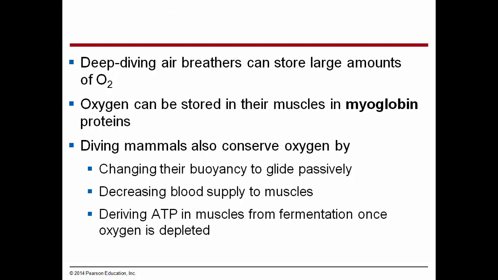Deep-diving air breathers can store large amounts of oxygen, particularly in their tissues. Oxygen can be stored in their muscles in myoglobin proteins, and diving animals also conserve oxygen by changing their buoyancy to glide passively and decreasing blood supply to muscles, deriving ATP in muscles from fermentation once oxygen is depleted.